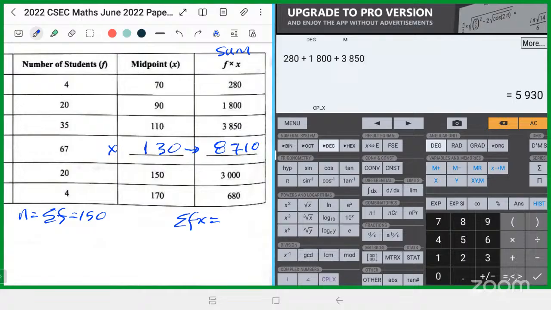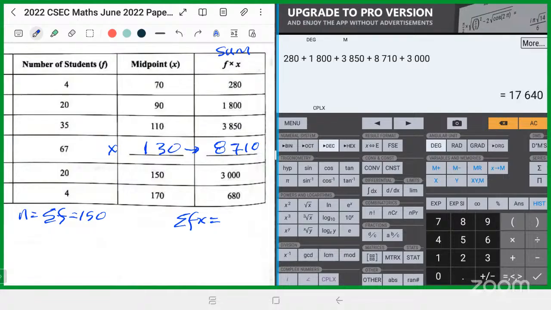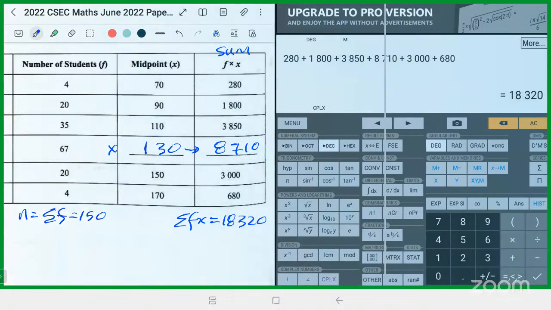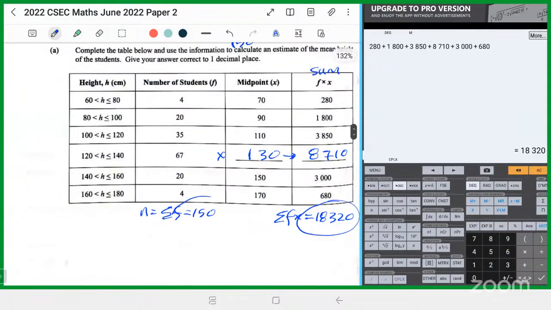Plus 8710 plus 3000 plus 680. So the height of all the students combined is approximately 18,320 centimeters. And therefore the mean height is this total height divided by this number of students.